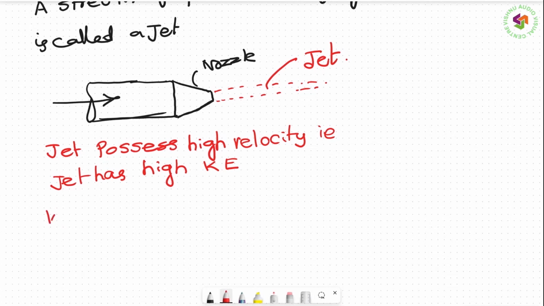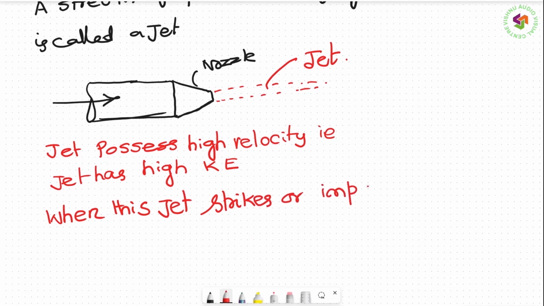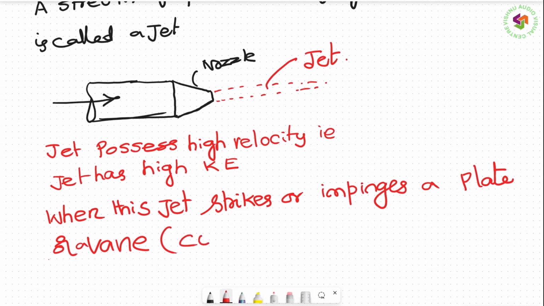So this jet, a jet with high velocity, possessing high kinetic energy, strikes, or you can call it impinges, a plate or a vane. Vane is nothing but a curved plate.